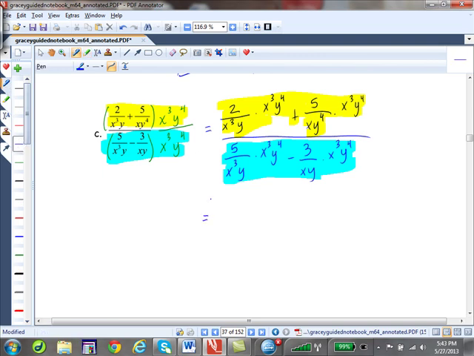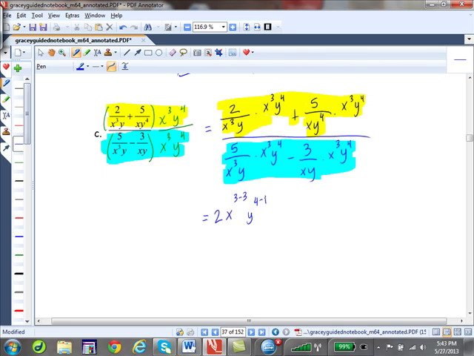Now, here we go. Remember that when you're dividing like bases, you subtract exponents. So we're going to have 2 x to the 3 minus 3, y to the 4 minus 1.